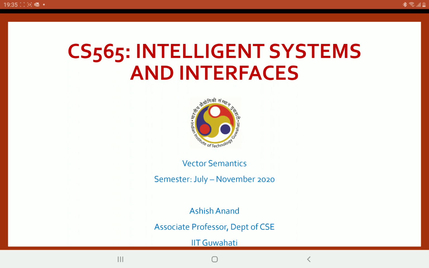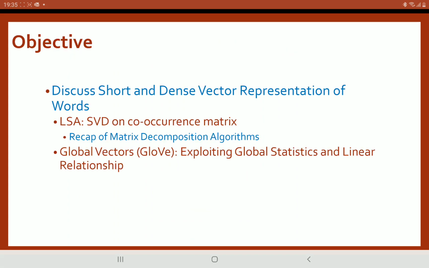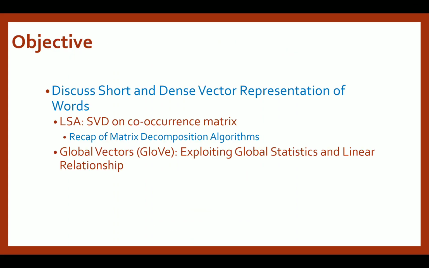So, here it is. The objective here is to discuss short and dense vector representations of words. In the initial part of vector semantics, we looked into some examples of obtaining long and sparse vector representations.